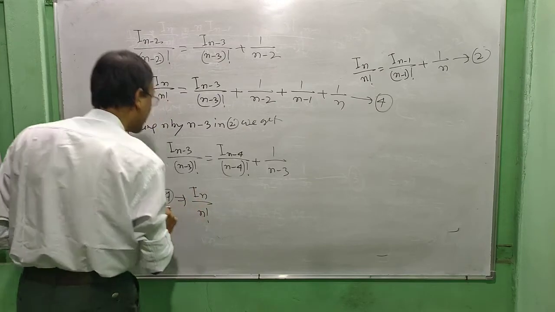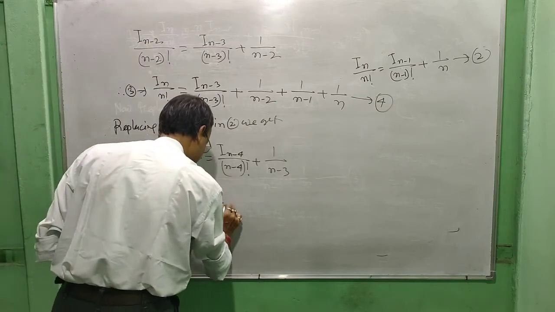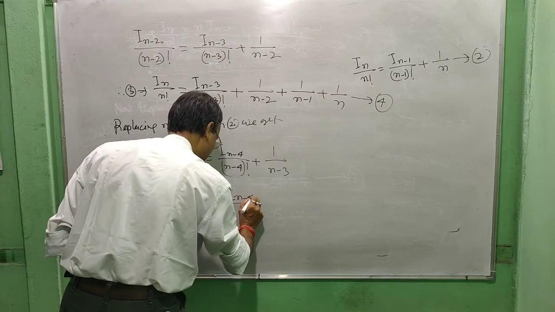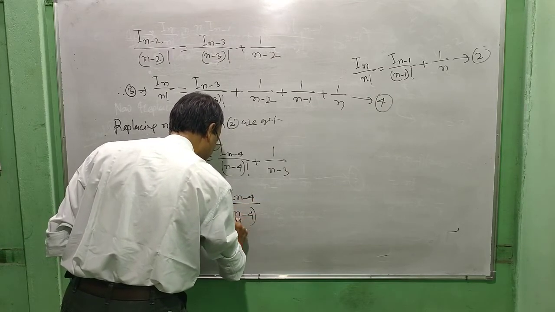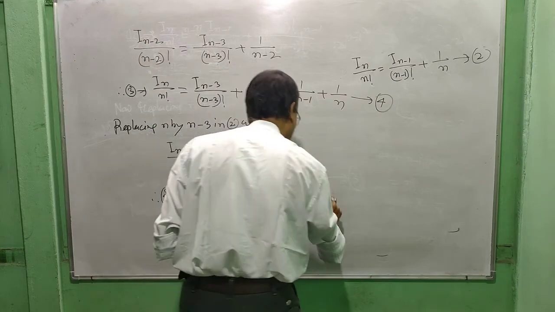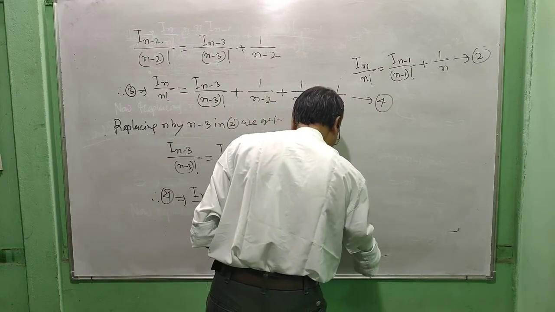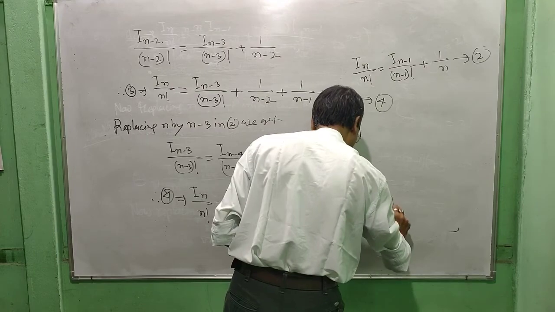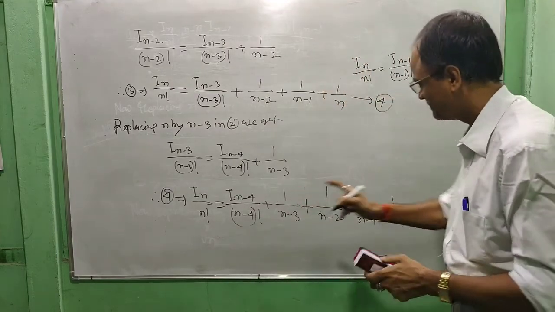I_n by factorial n is equal to I_(n-4) by factorial n minus 4 plus 1 by n minus 3 plus 1 by n minus 2 plus 1 by n minus 1 plus 1 by n. Am I right?